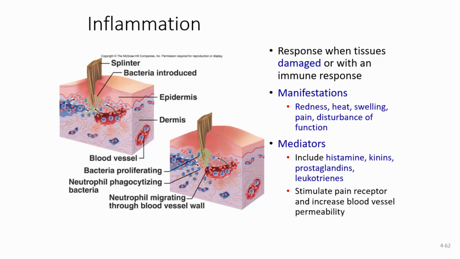Well, as you see here, there are different types of chemicals that cause the pain, like the kinins and the leukotrienes. And sometimes even if they act on the prostaglandins, it just operates at a different mechanism of that prostaglandin being formed. So again, these mediators are going to stimulate pain receptors and also increase blood vessel permeability.